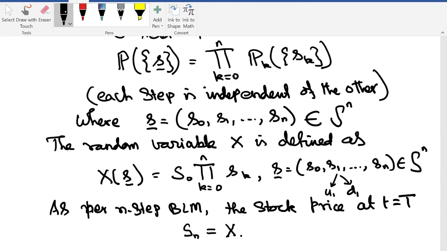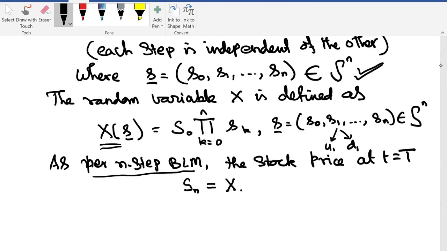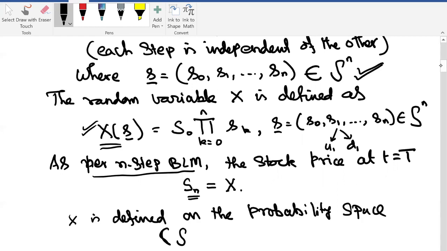That is what the method says. Now, there are different ways you can find U's and D's and p, or given U's and D's, you may find p. Whichever way you find them is a different question. To summarize, the n-step binomial lattice model says that the stock price at time t equal to capital T is given by the random variable defined like this, where the random variable is defined on the product space S^n with probability P, given like this.